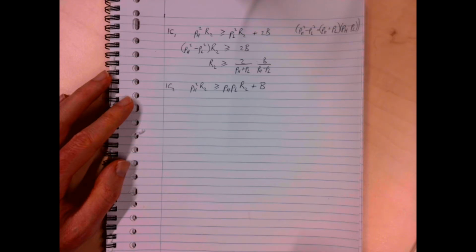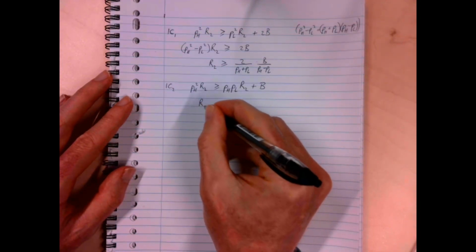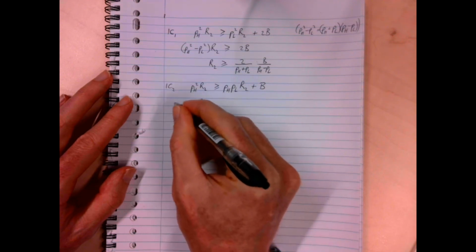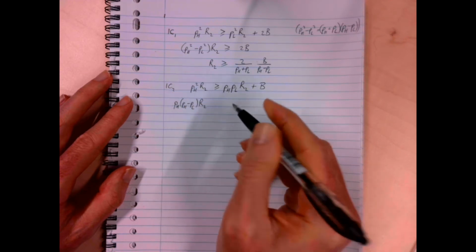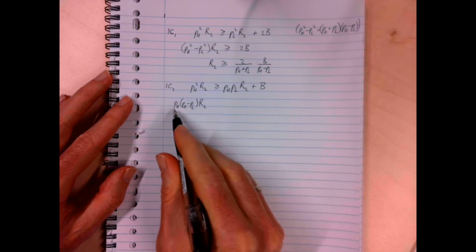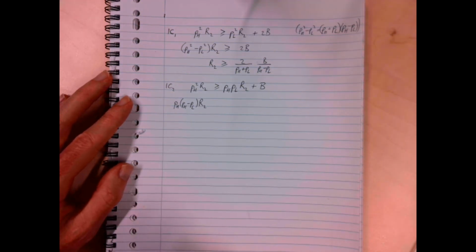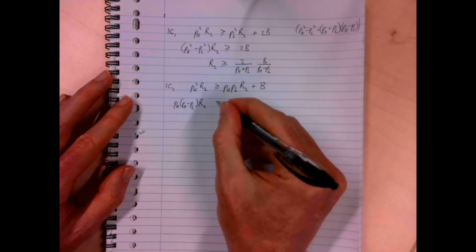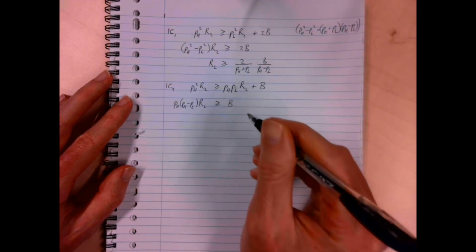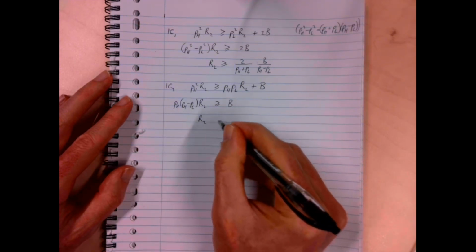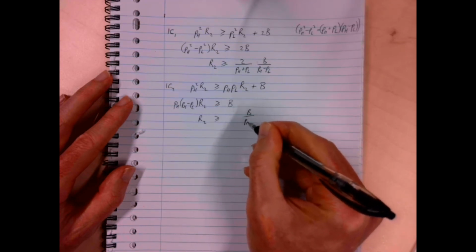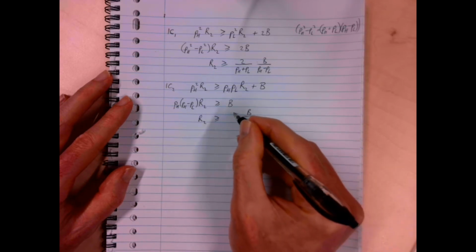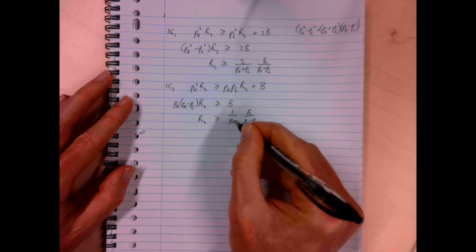So can we rewrite this a bit? Well, R2 times PH times PH minus PL, so that results from bringing this term to that side and then factoring out one of the PHs, putting it outside the brackets, is bigger than B. Or in other words, R2 needs to be bigger than B over PH minus PL, but now multiplied by 1 over PH.